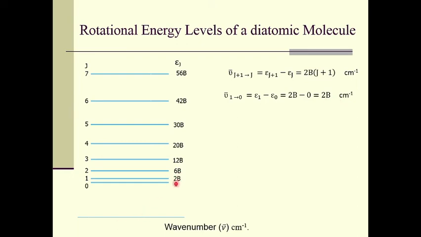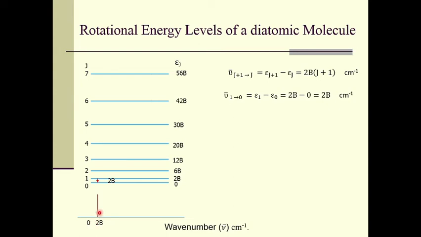And therefore we get the first transition. This difference is 2b, and therefore on the wave number scale we get one spectral line at the 2b wave number value.